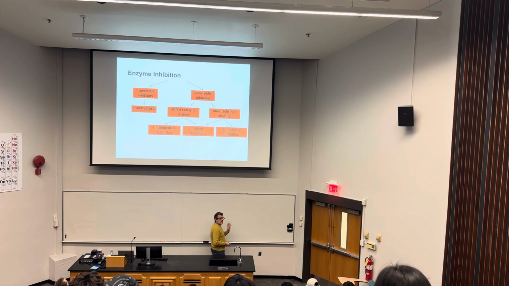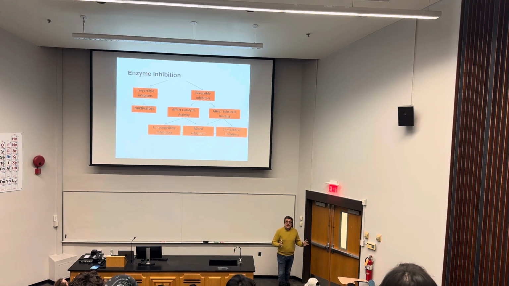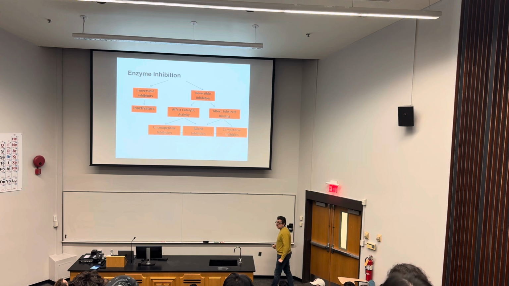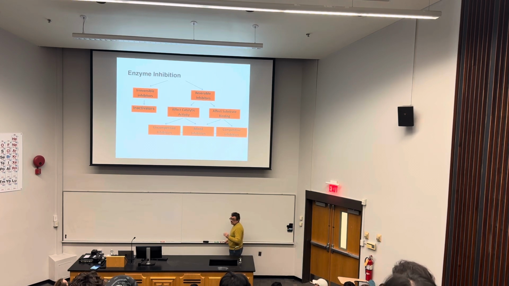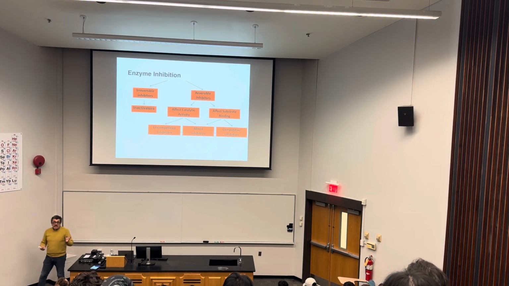So this figure here represents all the types of inhibitors that can be out there. There is a very simple example, that is the irreversible inhibitors or inactivators. For example, the classical example for that is aspirin. Aspirin is an irreversible inhibitor or inactivator.